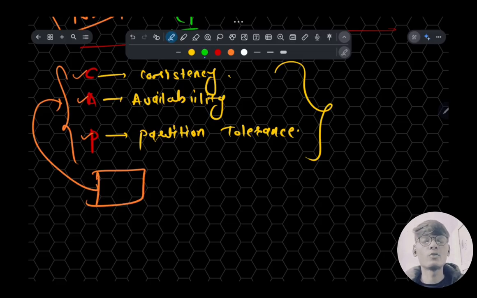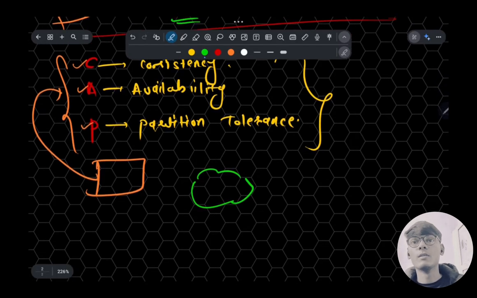The whole internet is a distributed system. You can only guarantee two out of these properties, so you have to sacrifice one of these three. We will check it.